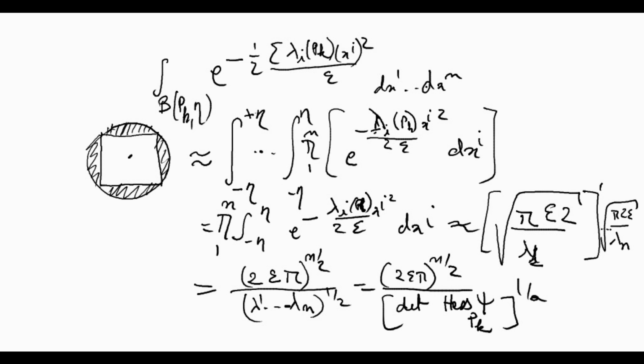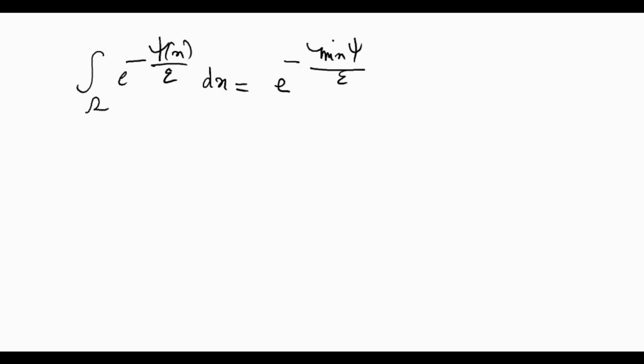So we can now simply summarize what we have found here. The integral over omega of exponential of minus psi of x divided by epsilon, dx, is exponential of minus the minimum of psi divided by epsilon, and then we have the sum. We can always put a function here, let's call it g of x.